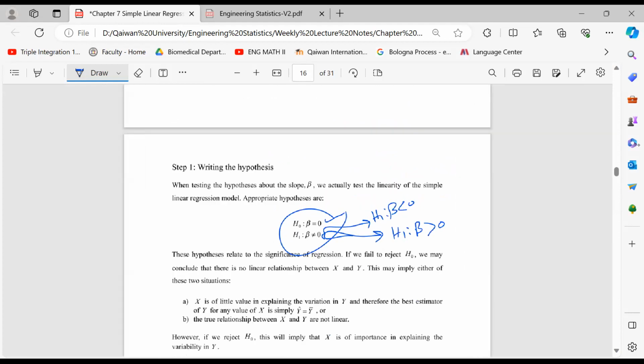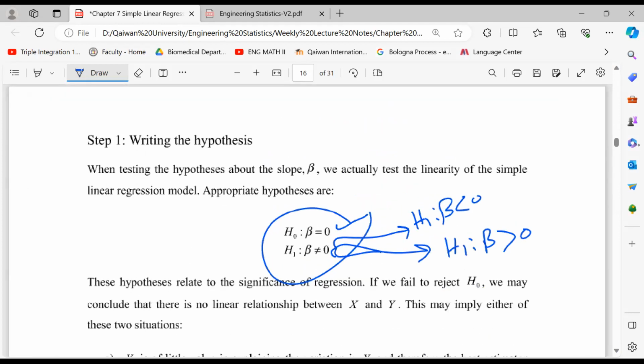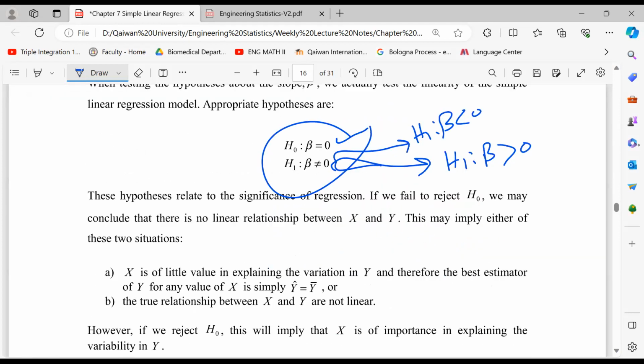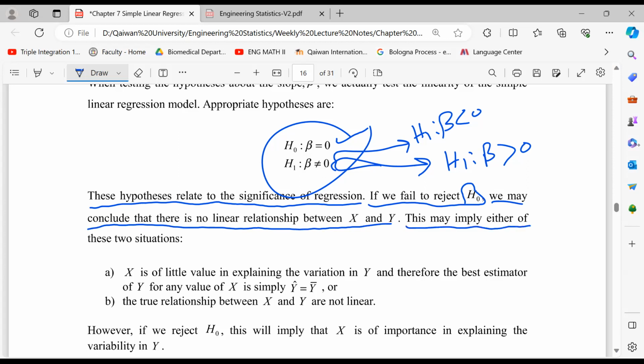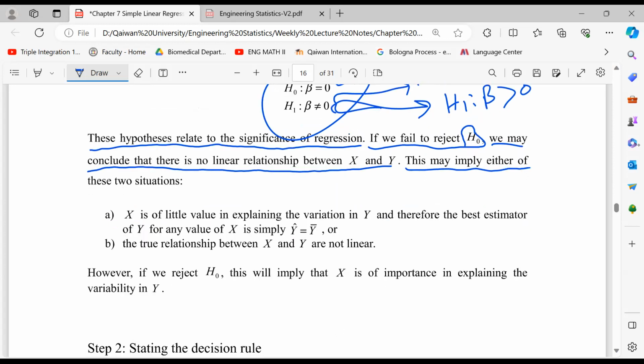We say these hypotheses relate to the significance of regression. If we fail to reject H naught, we may conclude that there is no linear relationship between x and y. This may imply either of these two situations.